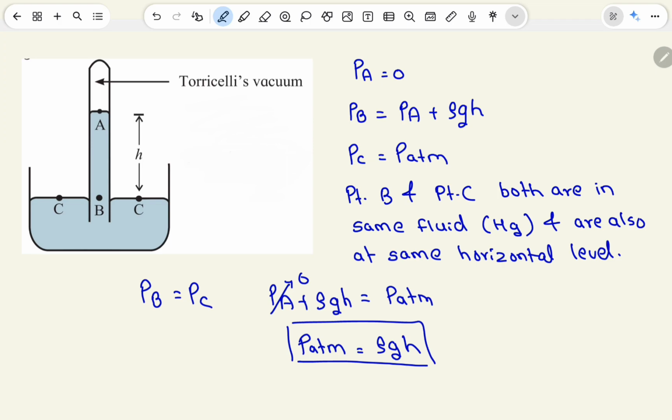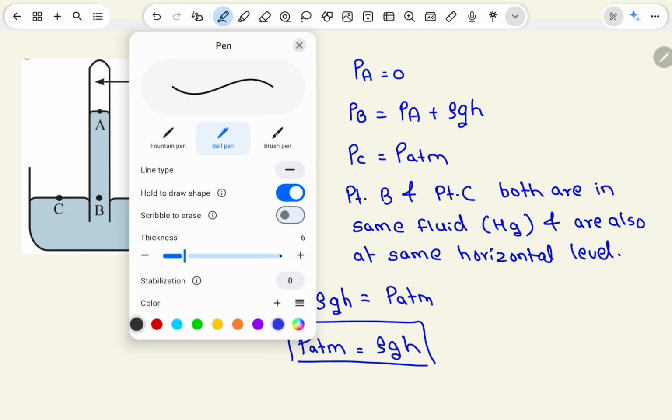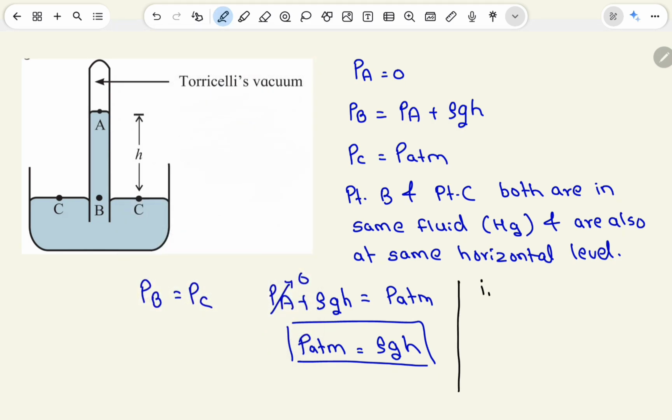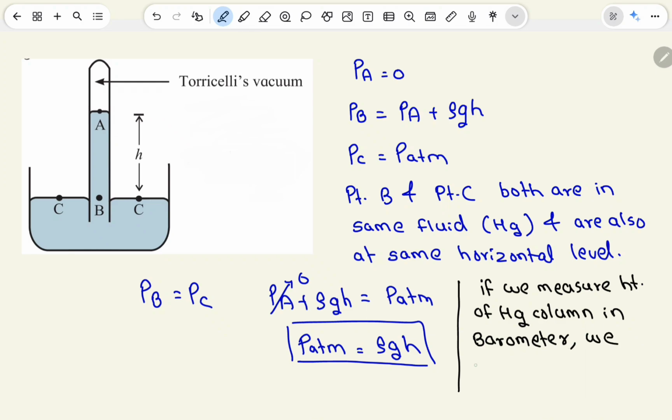Now, what is evident from this formula is that if we measure h, which is the height of mercury column in barometer, and if we put that height into the formula PATM is equal to rho g h, we can directly measure atmospheric pressure.